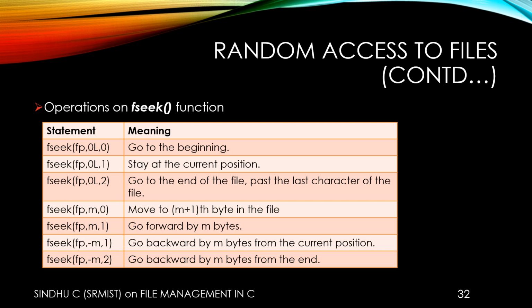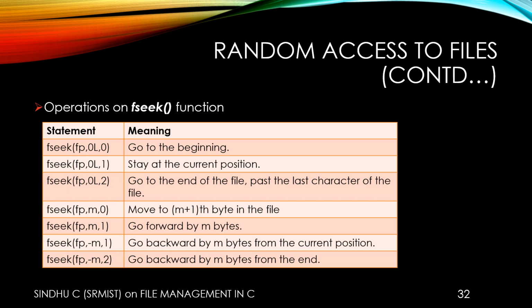Now, when you have the offset m, it says move to the m plus 1th byte in the file. When it is m and the position is 1, it says go forward by m bytes. When the offset is minus m and the position is 1, it says go back by m bytes from the current position.